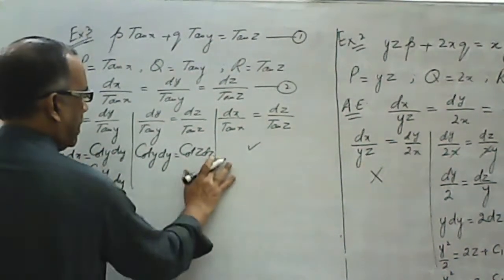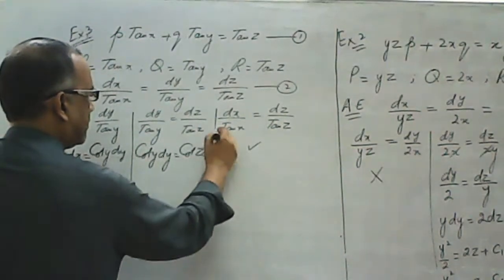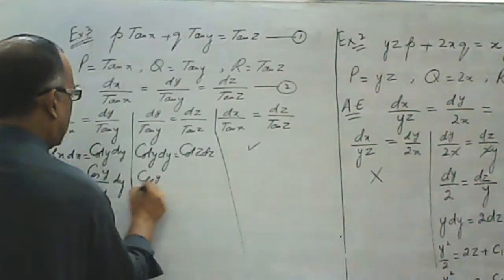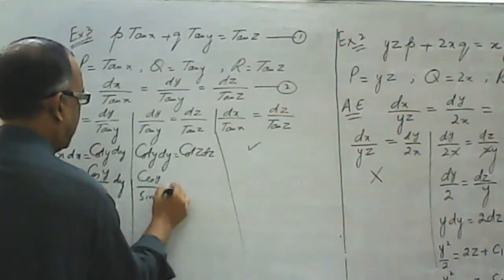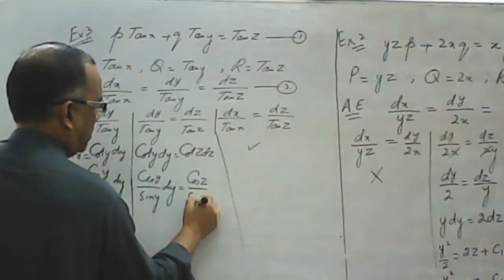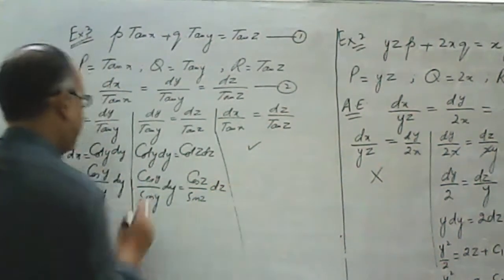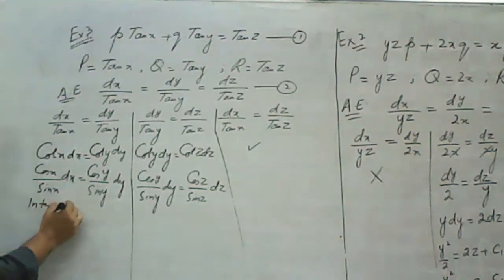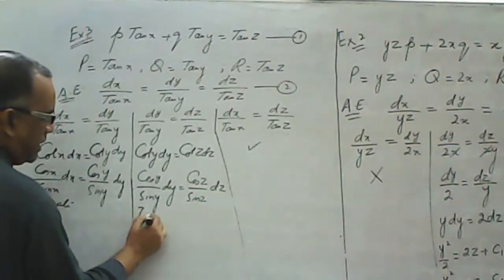So we can write here cos y upon sin y dy equal to cos z upon sin z dz. Again all these are cases of separable variables, and variables are already separated, so I just integrate these pairs.